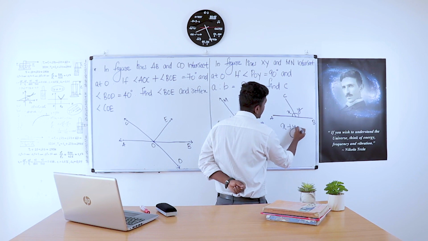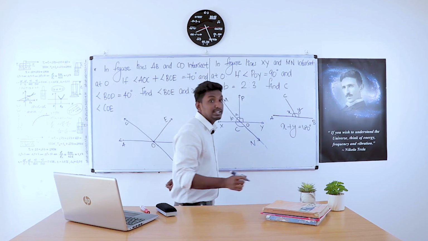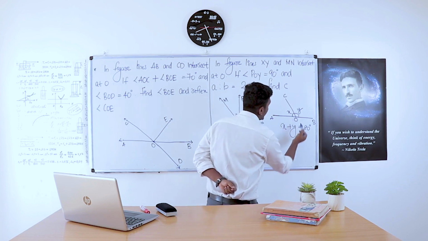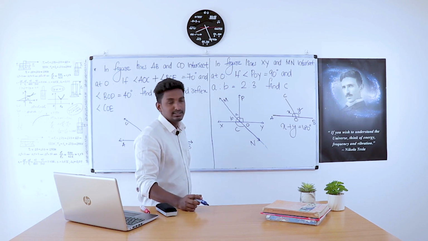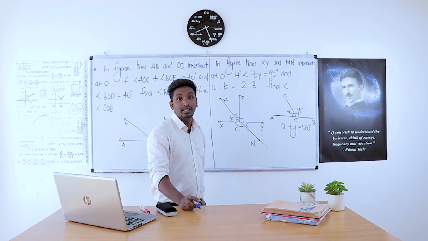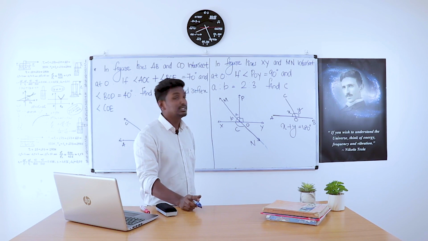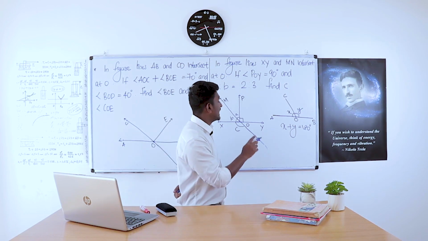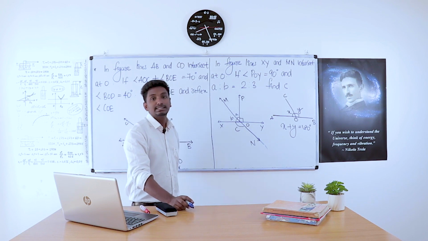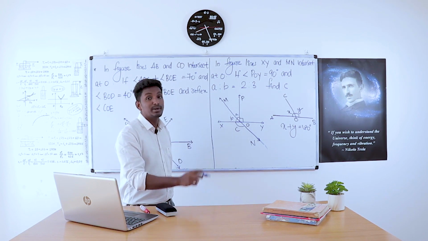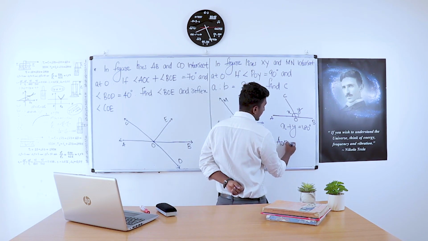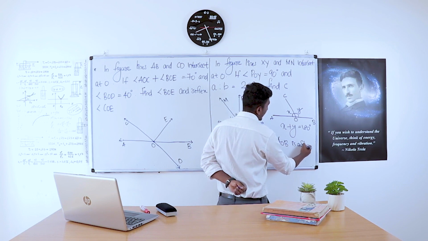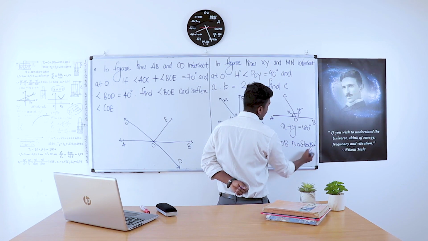If X plus Y is equal to 180 degrees, then the non-common arms form a straight line. That means AOB is a straight line.